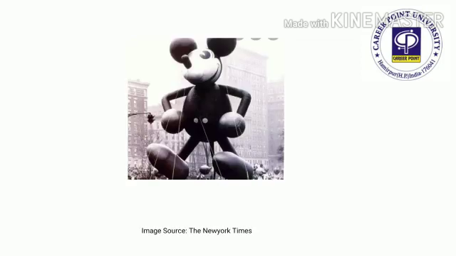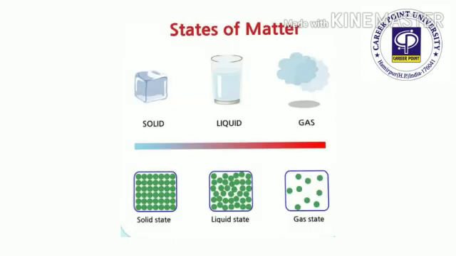Air filled in a balloon is a basic example which shows that gases take up space. In general, solids are rigid and possess a definite shape, whereas liquid flows and acquires the container's shape. Moreover, gas is a fluid which takes the shape and volume of its container.